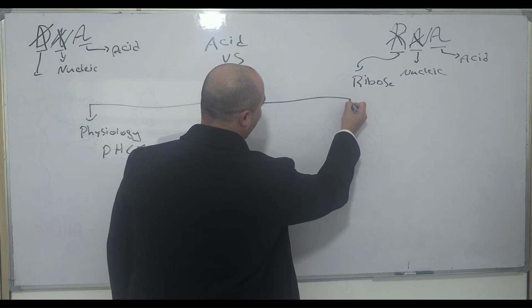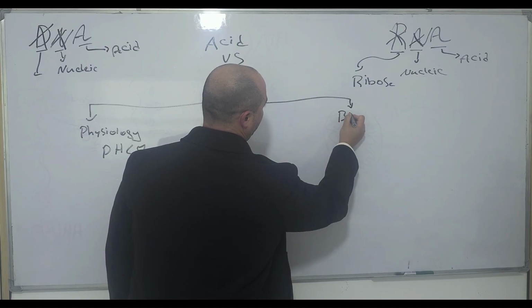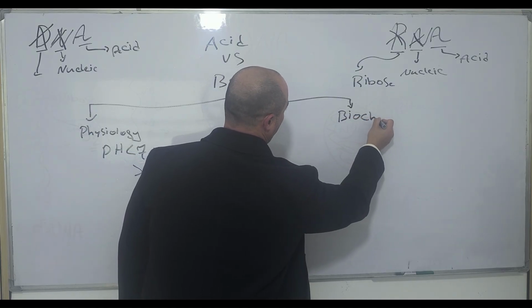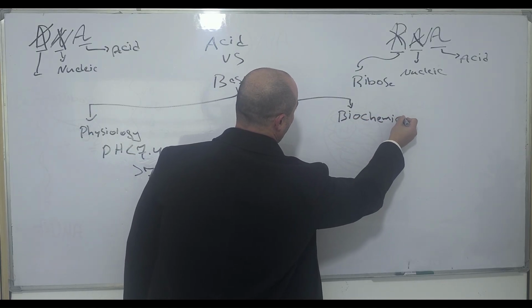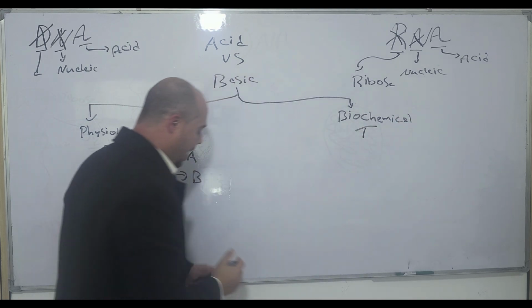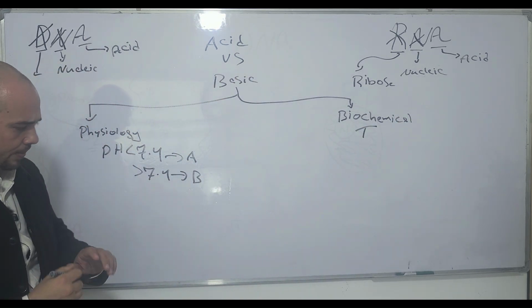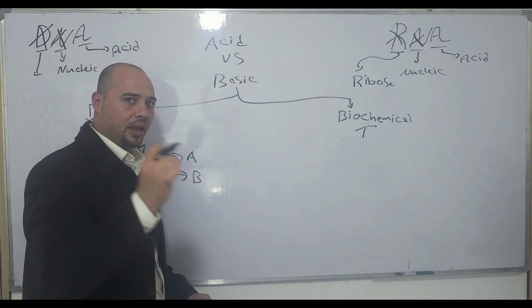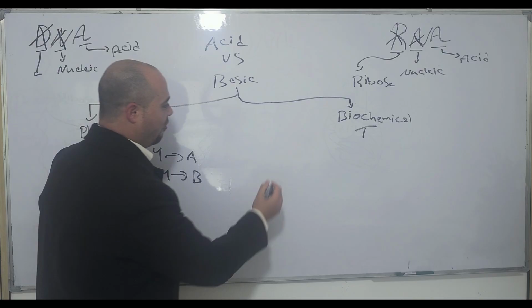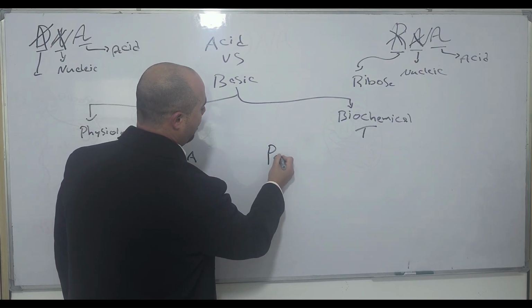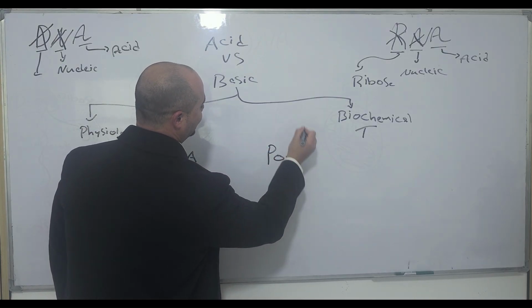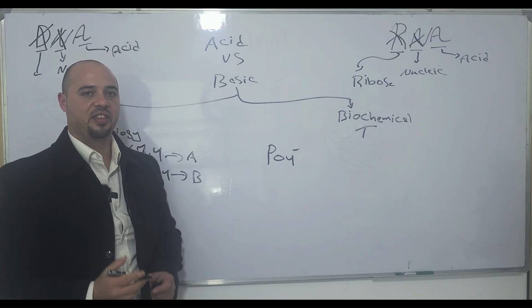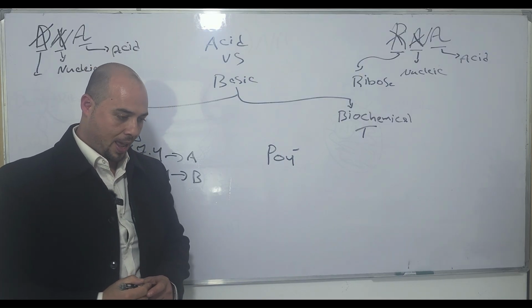So there's also a biochemical concept or terminology. Basically, the acid in deoxyribonucleic acid or ribonucleic acid is called acid because of the phosphate group, right?